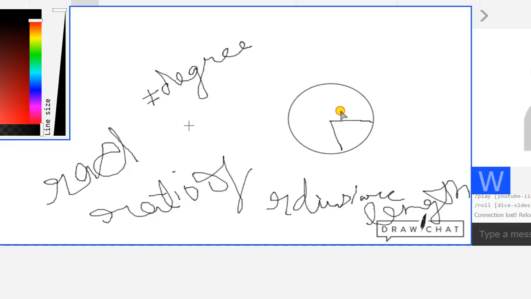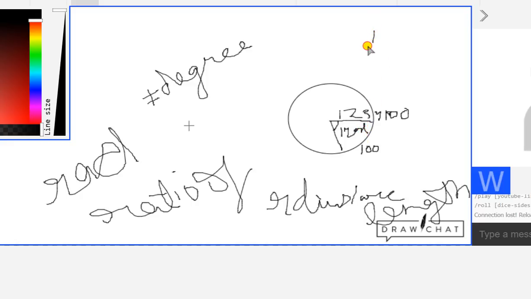Thus, it doesn't matter if this is 1, 2, 3, 4, or even 100. If the radius is 100 and this is also 100, it will always be 1 rad. Yes? Why is this?